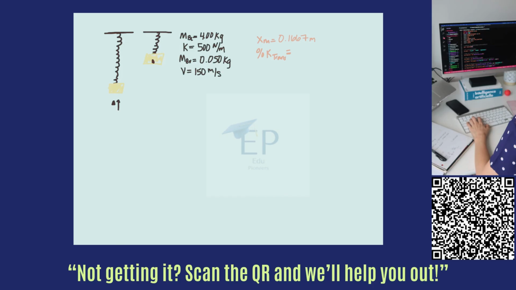Now, for the second part, we're being asked to figure out what the percentage of kinetic energy was transferred into mechanical energy for the system. So in this case, we have our kinetic energy equals 1/2 the mass of the bullet times the velocity of the bullet squared, and our total mechanical energy is going to be 1/2 the spring constant times our amplitude squared.